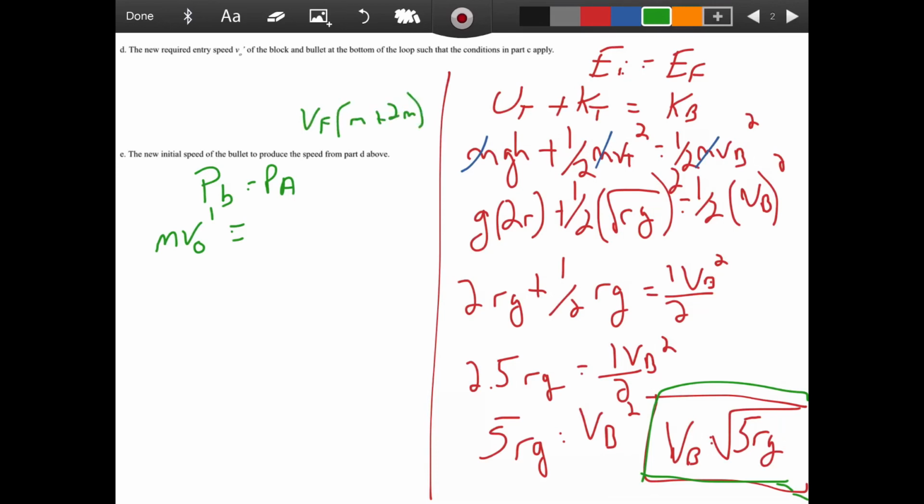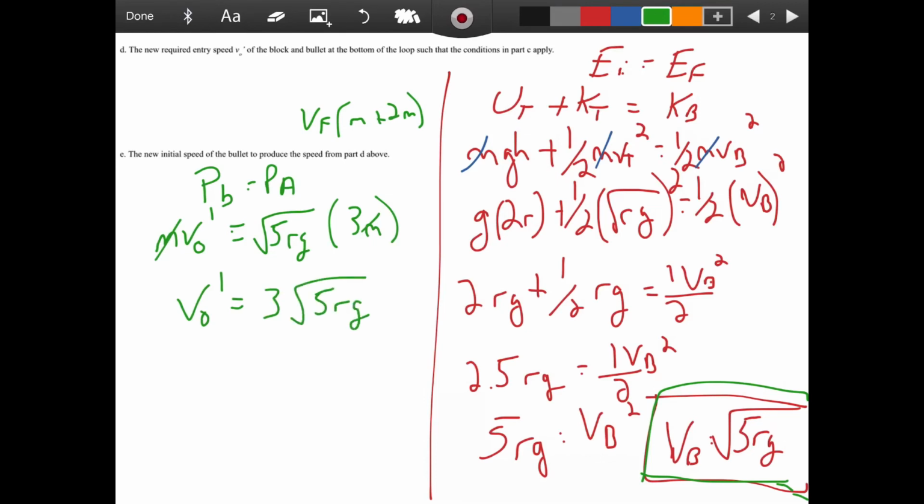But here our final velocity is the square root of 5 rg times the mass, which is 3m. So then I can get rid of these m's. So v naught prime is equal to 3 times the square root of 5 rg. And there we have it.